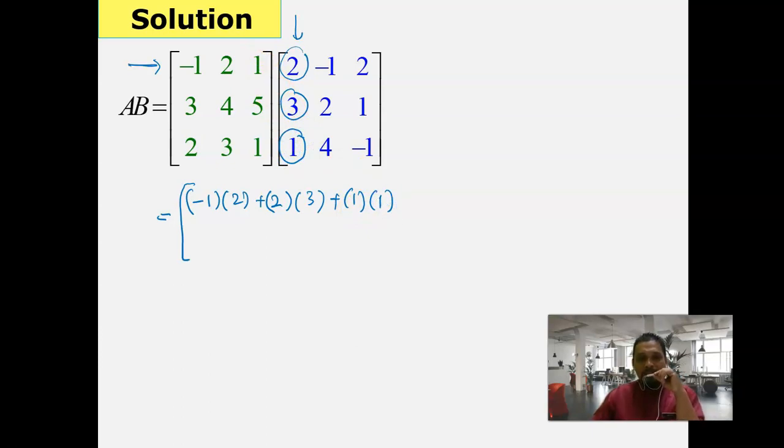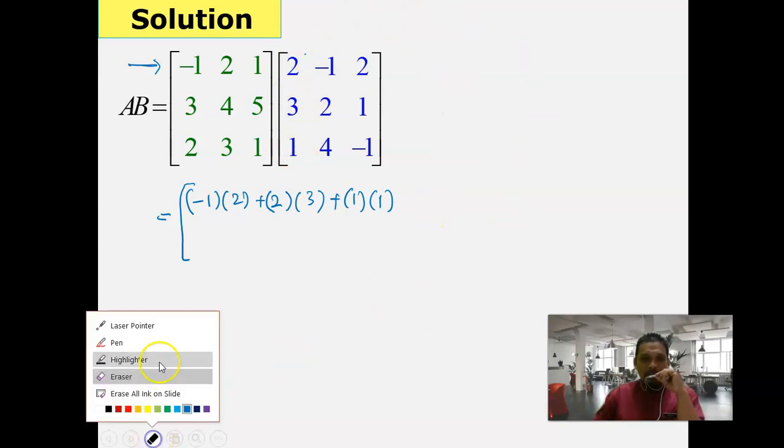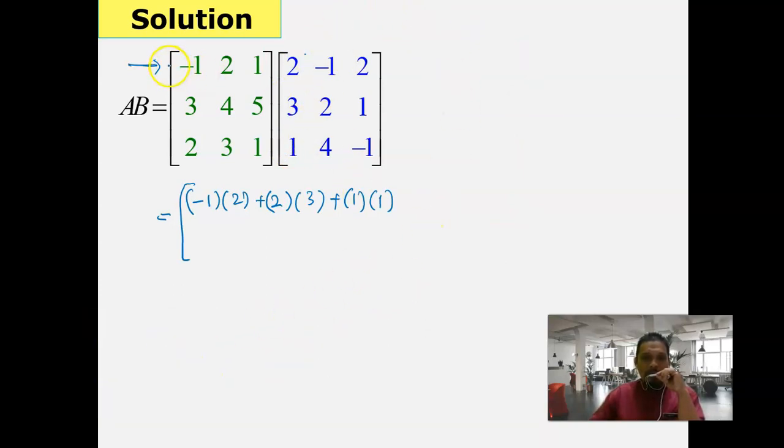Okay. Then next, we're still focusing on the element in row number 1, but right now we're going to make a multiplication operation between row number 1 and column number 2.